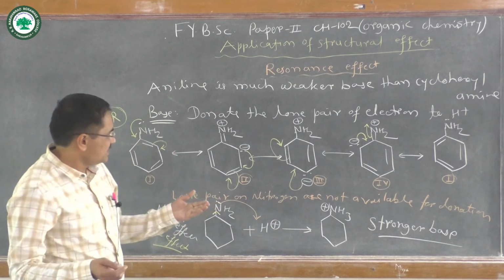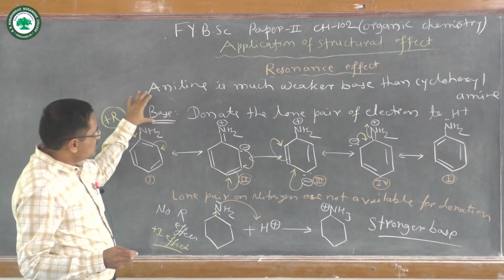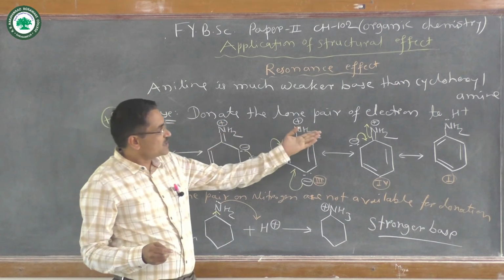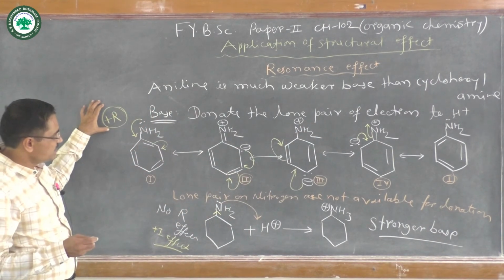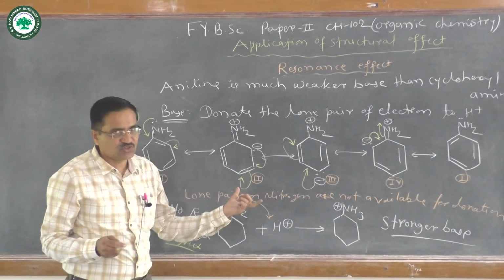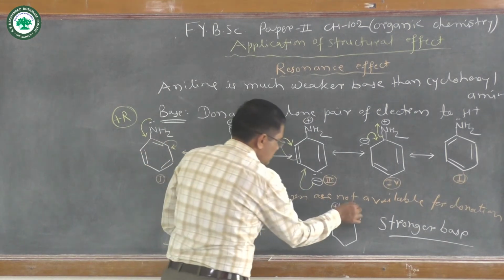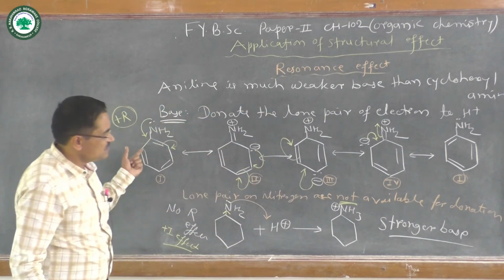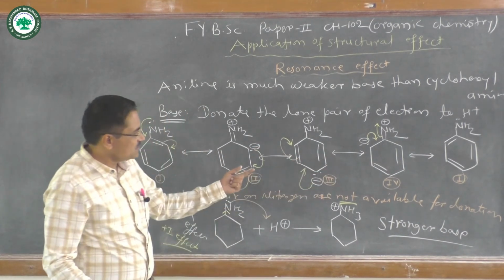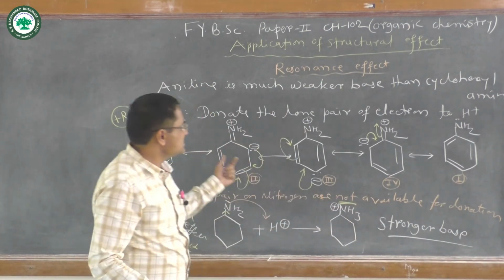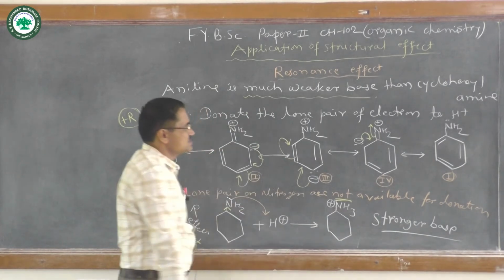Now we will repeat here. A base donates the lone pair of electrons to H plus ion, but in aniline, due to the plus R effect, the lone pair on the nitrogen is not available for donation, because it is engaged in the resonance in the benzene ring, and hence aniline is a much weaker base.